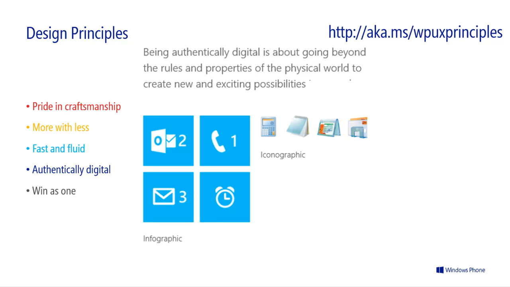When you think of this as a digital surface, there's so much more you can do, like convey actual information, and that's what's being shown here. These tiles convey information. The other thing that's a better example of authentically digital, I think, is this pivot control showing filtered views, because that doesn't reflect anything in the real world. That's an electronic ability to quickly filter these dynamic views. So that's the principle being denoted here.